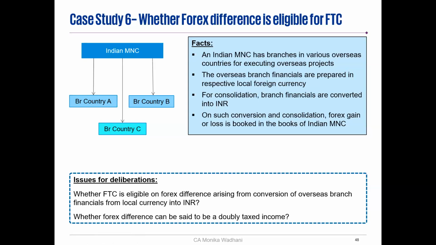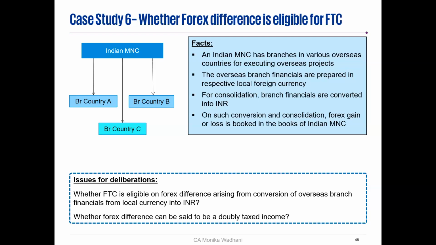As we all are aware, there is a line-by-line consolidation of branch books of accounts into the head office books of accounts in India at the time of preparation of the consolidated financials of India. In this case, for consolidation when branch financials are converted into INR, what treatment needs to be given on FTC on that Forex income or gain?